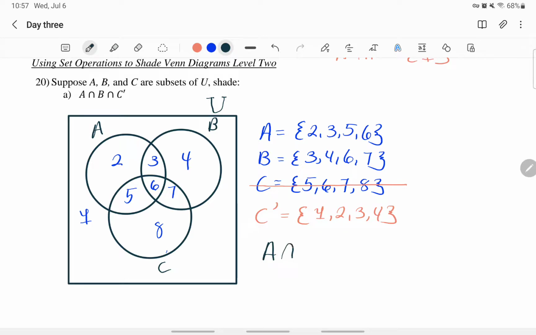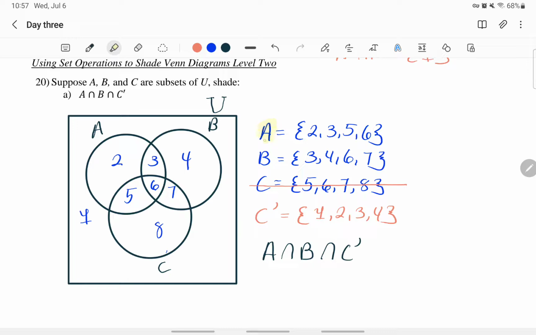Now we want to find the intersection between A, B, and C complement. Intersection represents what elements the sets have in common with each other. In this case, because we have two intersections, it has to be an element that all the sets have in common with each other.